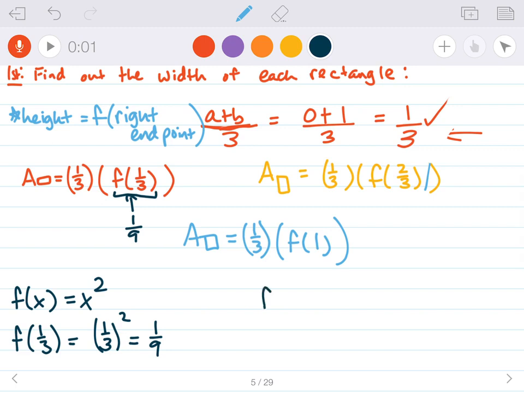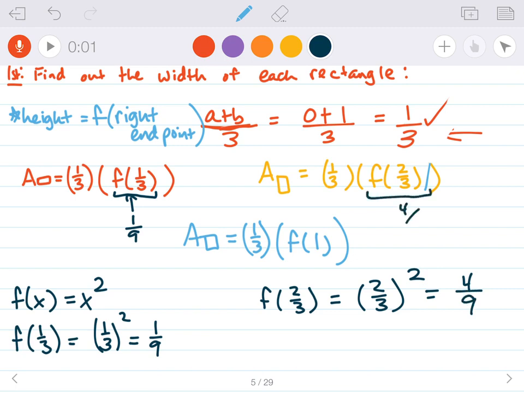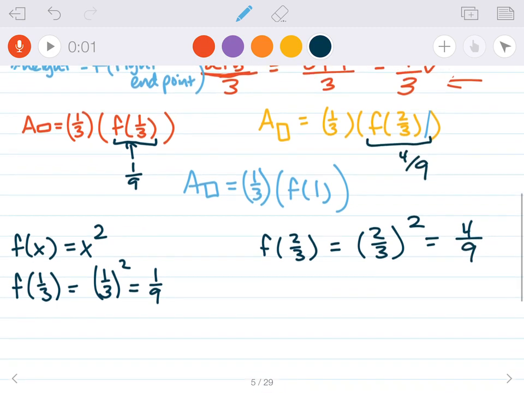And we do the same thing for the others. So f of 2/3 is simply 2/3 squared. That's the height. That's 4 over 9. And finally, f of 1 is going to be 1 squared, which is, of course, 1.